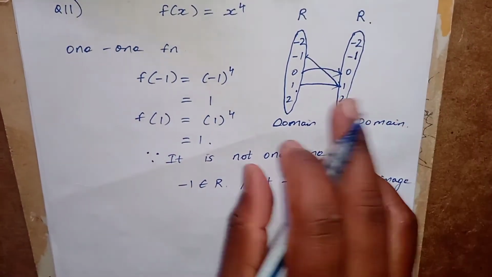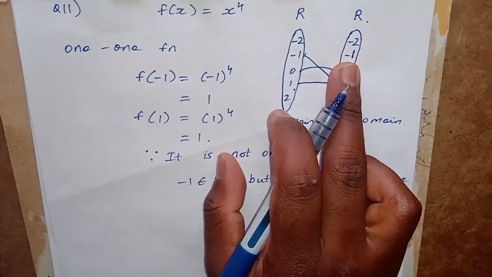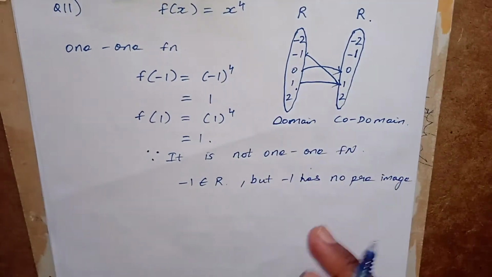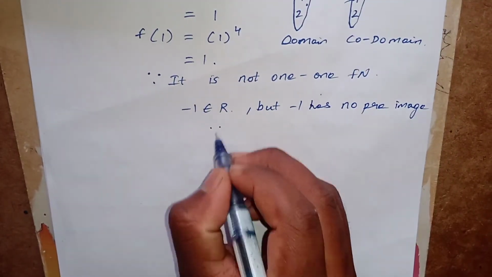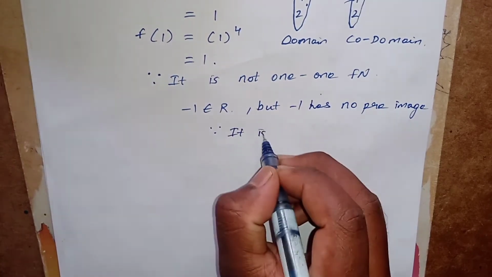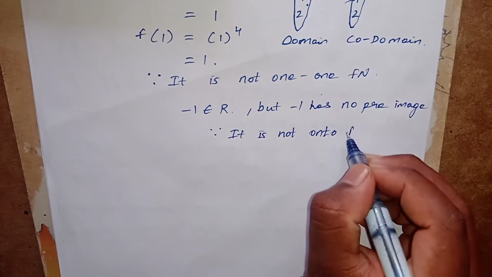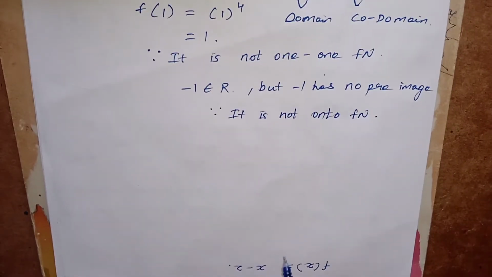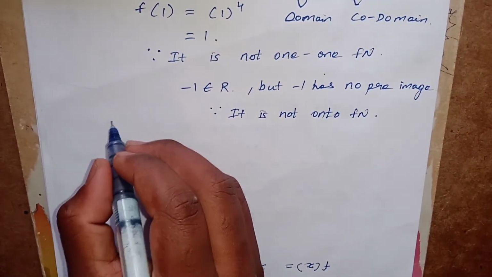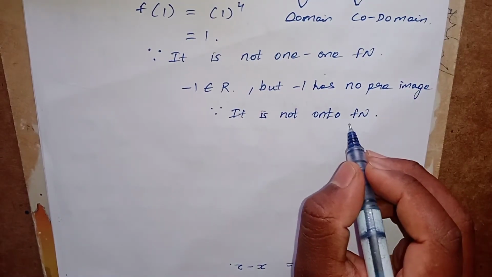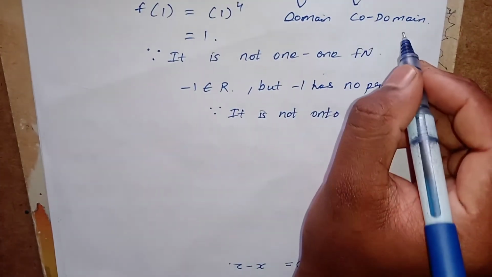Even one term is not filled, therefore here it is not onto function. This is by checking the domain and codomain.